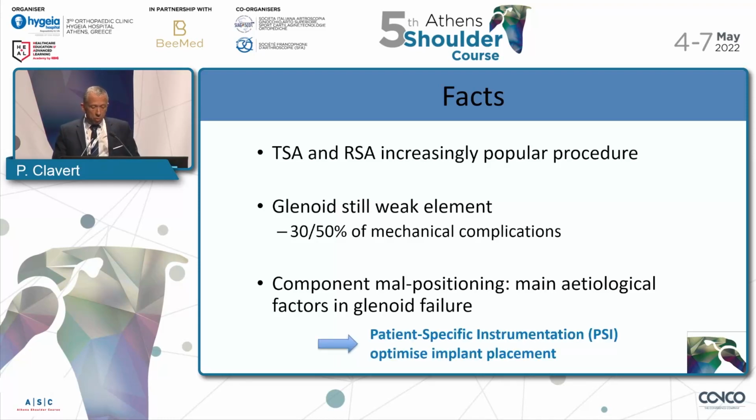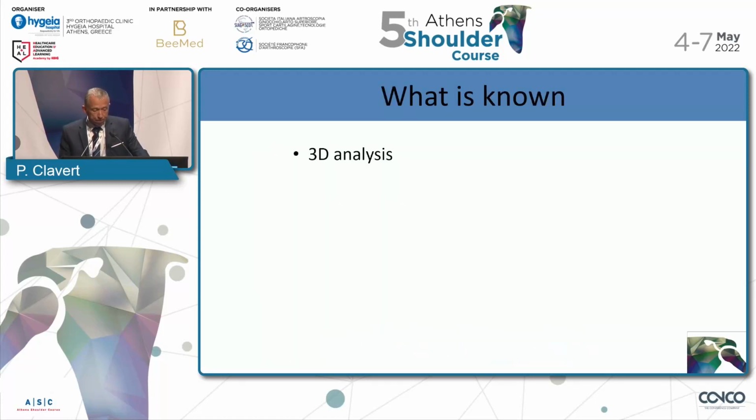So patient-specific instrumentation was raised to optimize the implant placement, and for the last decade, it seems to be the best evolution to get an ideal positioning of the implants.